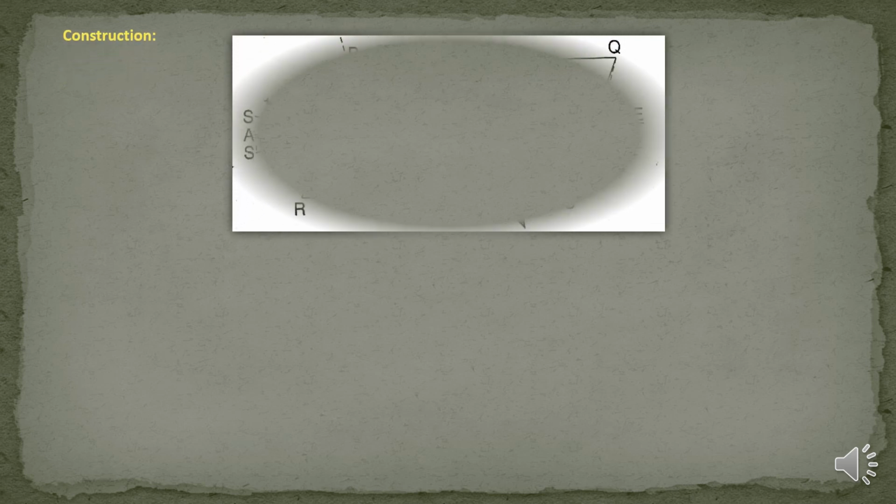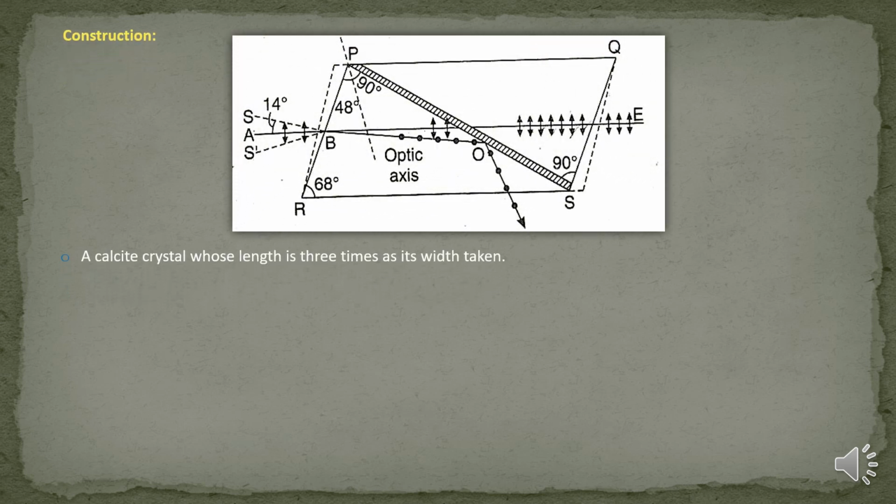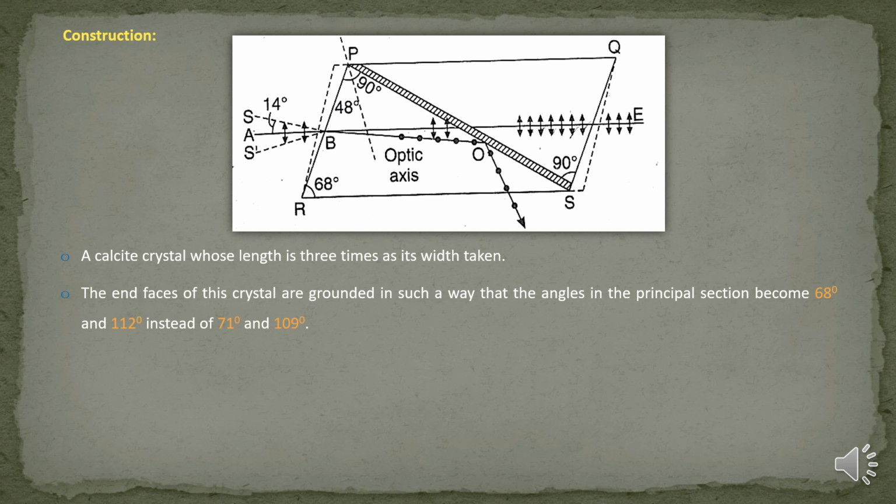Construction. As shown in the figure, a calcite crystal whose length is 3 times its width is taken. The end faces of this crystal are ground in such a way that the angles in the principal section become 68 degrees and 112 degrees instead of 71 degrees and 109 degrees.